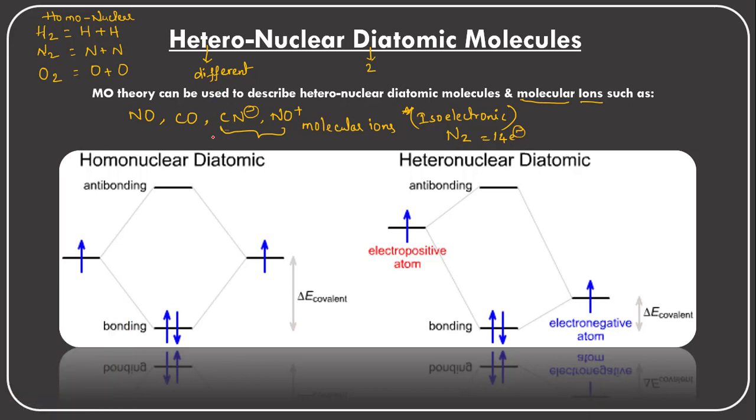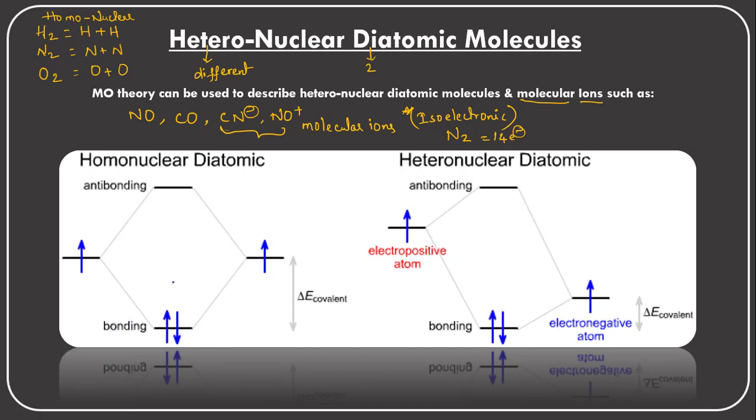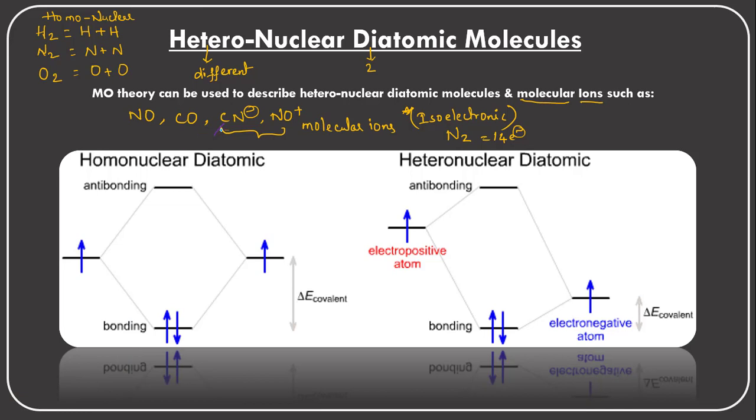So this cyanide: carbon has 6 electrons, plus nitrogen 7 electrons, plus 1, right?